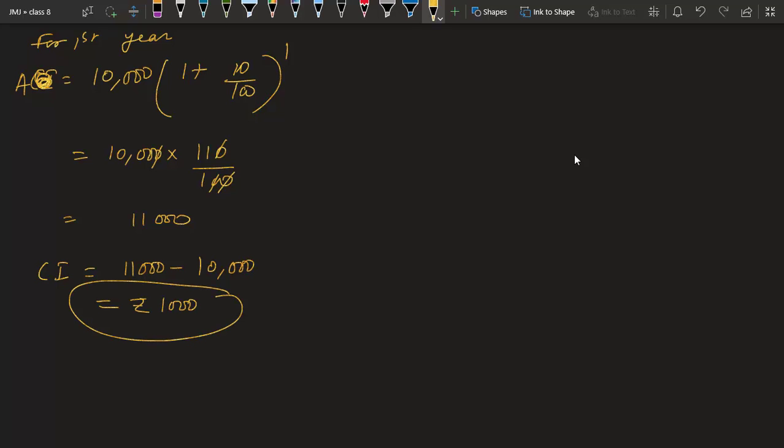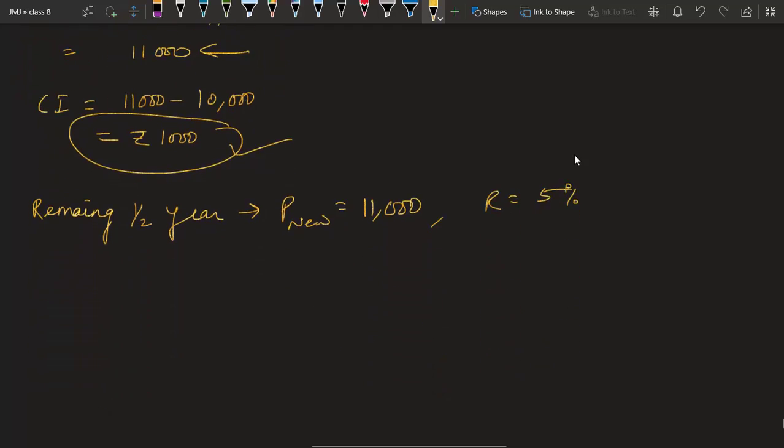In the first year we have obtained this compound interest. Now for the remaining half year, we will take the new principal as 11,000, and rate will become half because it is half year only. So rate was 10%, it becomes 5%. Now let's find the interest for the remaining time.